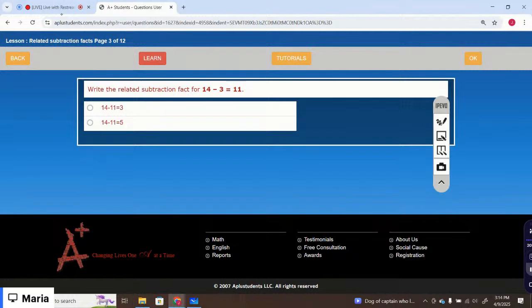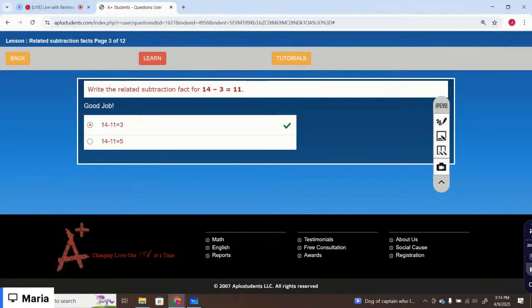Option number 1 is the correct option. That is 14 take away 11 equals 3. Option 1 is the correct option.